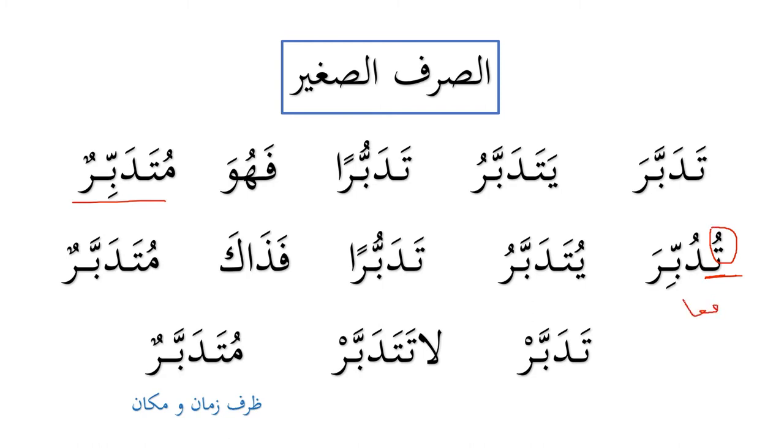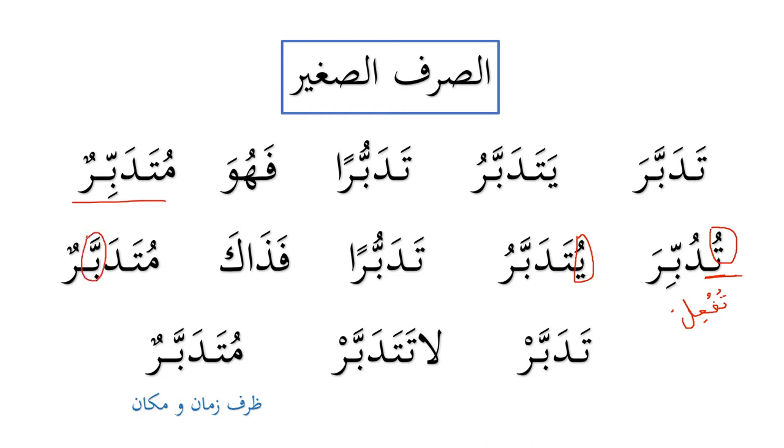So basically passive will be on the pattern of fu'ila. It is always fu'ila, but here we have the addition of ta, so it becomes tufu'ila. That's why it is tudubbira. Tudubbira, and the present will be yutadabbaru, as we know that the present also takes dhamma when we talk about passive, yutadabbaru, and the masdar is tadabburan, and fadhaka mutadabbarun, as we can see here.